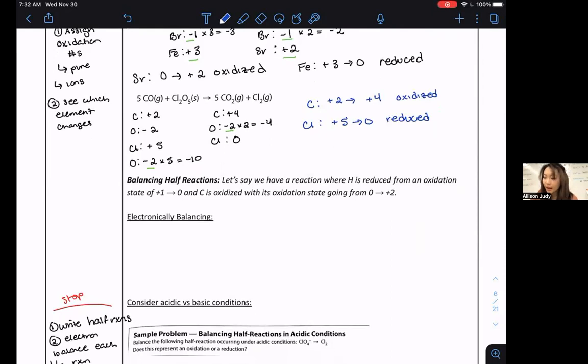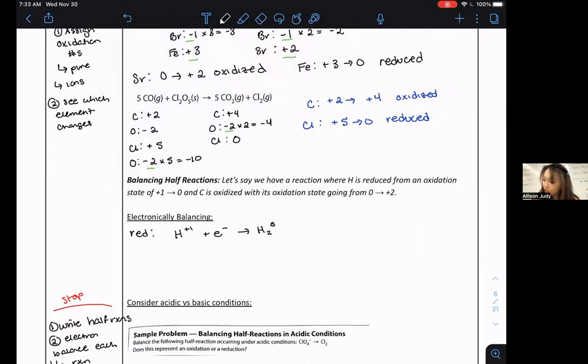Well, half reaction wise, let's write out the first reaction. So let's do the reduction first. We see that H is reduced. So it goes from H +1 and it gains an electron and it goes to H2, 0. Okay.